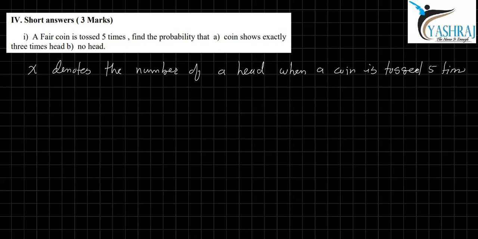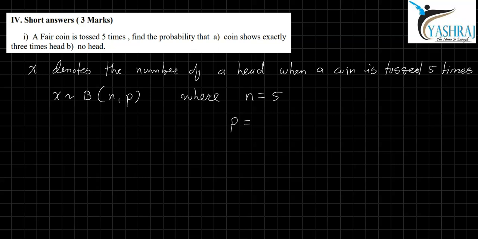When a coin is tossed 5 times, X follows the binomial distribution of n comma p, where n is the number of trials, how many times the coin is tossed, 5 times, while p is the probability of success.